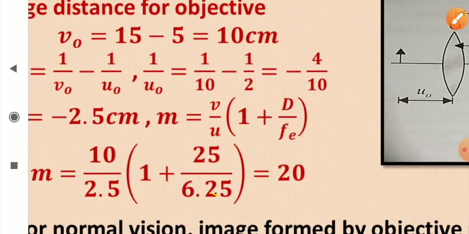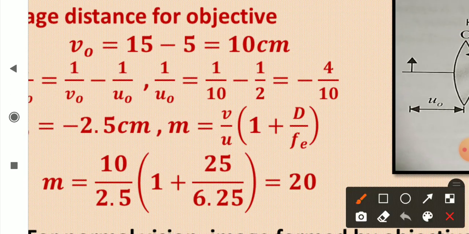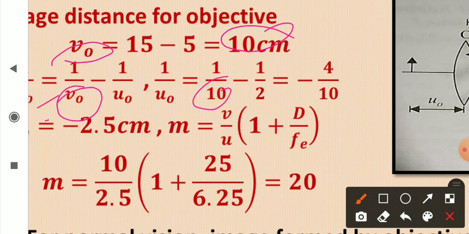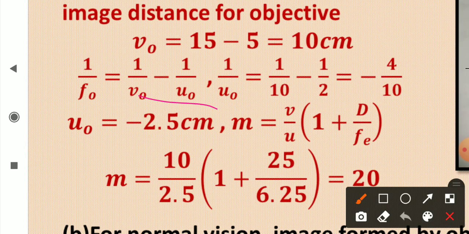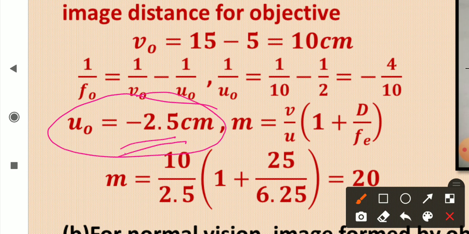So in place of VO, I have put 10, and in place of F, it is 2. Focal length of objective is 2. Simplify it, you get minus 4 upon 10. Take the reciprocal and simplify, and then you get this distance. Object distance as minus 2.5 centimeter.